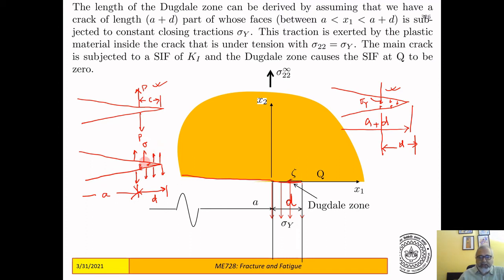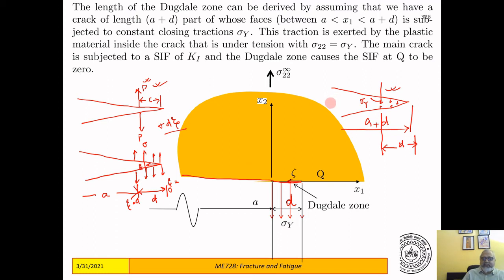So at any location zeta, your traction is sigma times d zeta, and using sigma times d zeta in place of P, you can get the stress intensity factor for the case where you have only one sigma times d zeta at a distance of zeta, and then you integrate from zeta equal to 0 to zeta equal to d to get the total stress intensity factor for this problem.